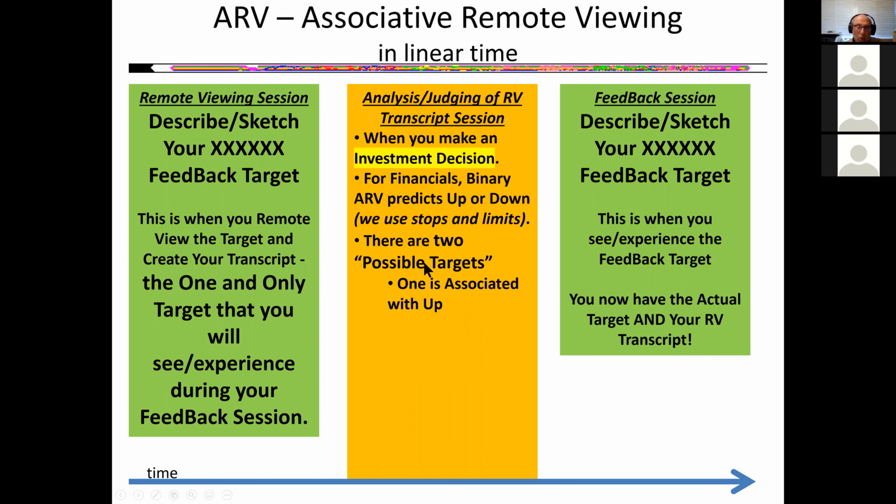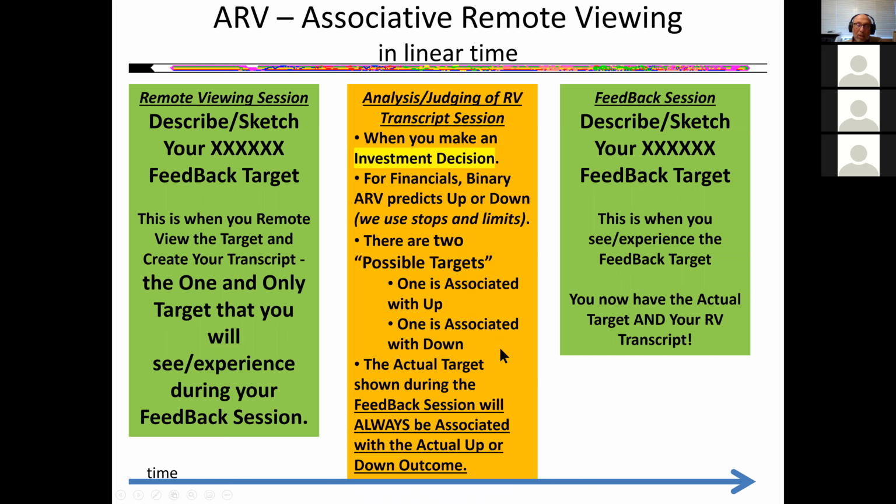One of those two possible targets is associated with up. The other is associated with down, right? That makes sense. The actual target, the feedback target shown here, will always be what actually happens.